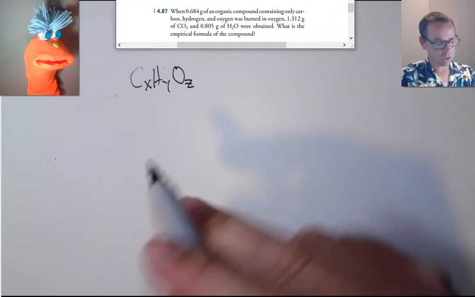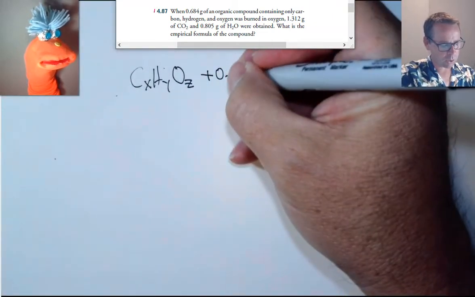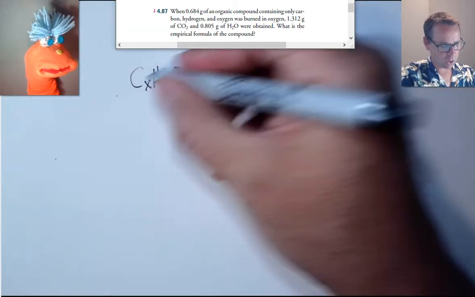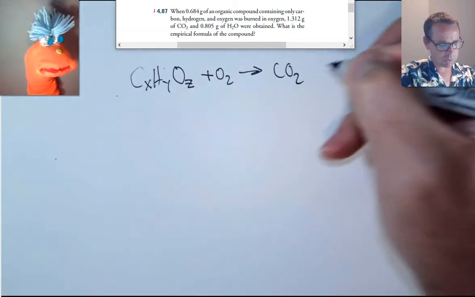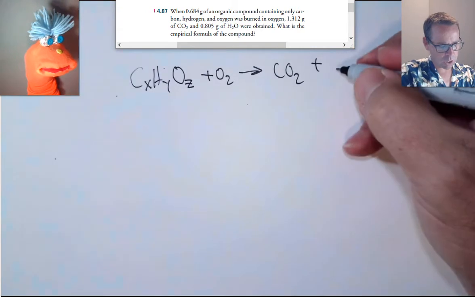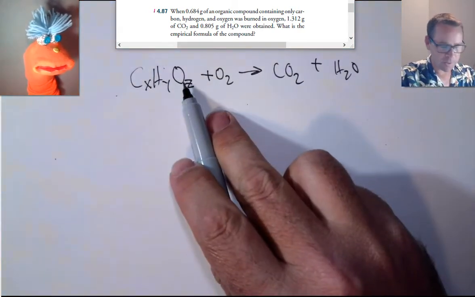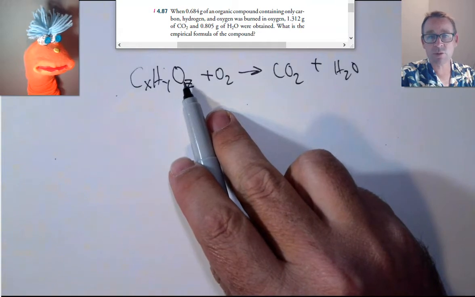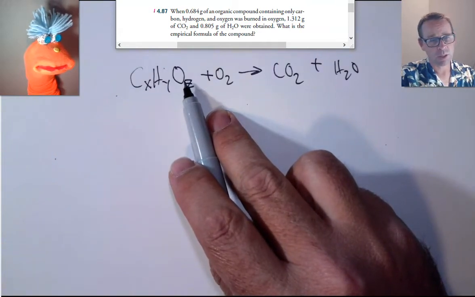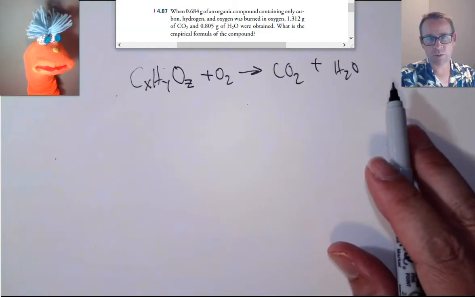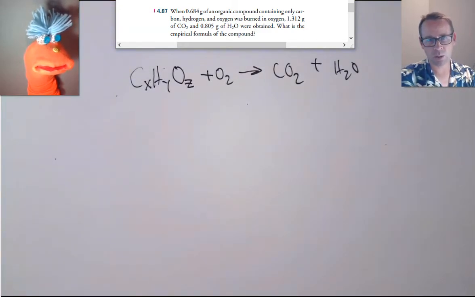And combustion is the combination of an organic compound with oxygen, and the products are going to be the carbon going with the oxygen to form carbon dioxide, the hydrogen going with the oxygen to form water. All right? If this organic compound has some sulfur in it or some nitrogen, then you'll also get SO2 or NO2 or SO3 or NO or SO, right?